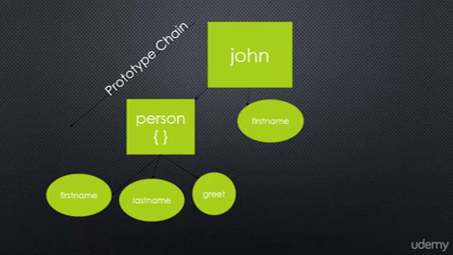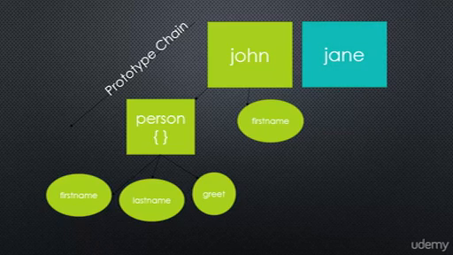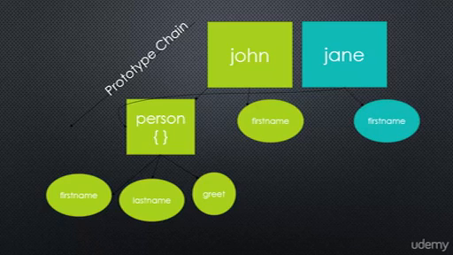And then we added some of our own properties, first name and last name, which essentially hid the first name property on the person object, and instead we'd see the one directly on John. Then we used Object.create again to create Jane, and so Jane was also pointing at person as its prototype. We also hid the first name and last name by adding our own properties directly on the Jane object.